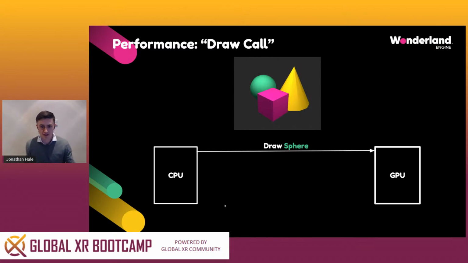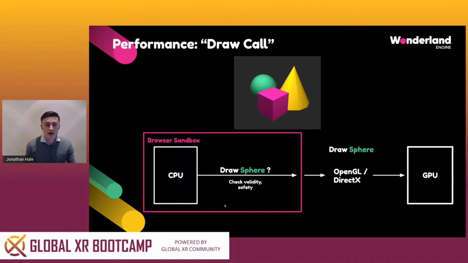If I draw this arrow here with the draw sphere above, then what I actually mean is kind of this, and this is still a rough oversimplification. The CPU, in this case your website, issues the draw call, draw sphere, but then the browser will check the validity of this draw call and make sure that it doesn't crash the graphics driver or something.